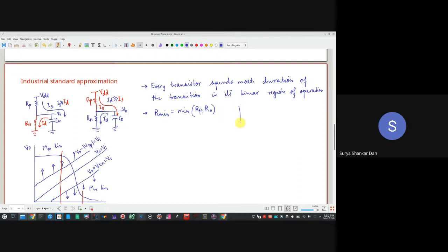Remember that in the saturation region the current is becoming saturated. It is only due to channel length modulation that it is going to have some slope; otherwise, if you ignore channel length modulation, Rout will be infinity in the saturation region, correct? So the saturation region resistance will be very, very high. But we have seen we have to take the minimum of the two. So what is the minimum? Only the resistance which is in the linear region.